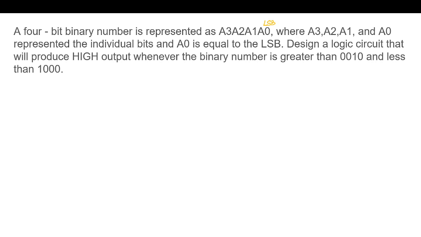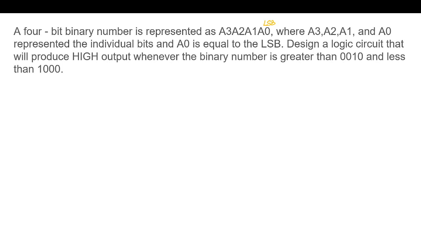Design a logic circuit that will produce high output whenever the binary number is greater than 0010 and less than 1000. A3, A2, A1, A0, where A0 is the LSB.